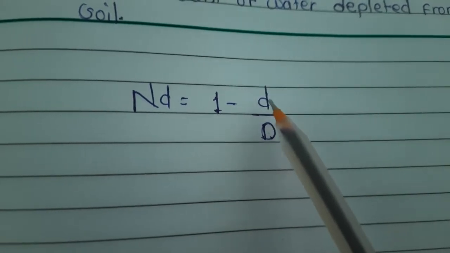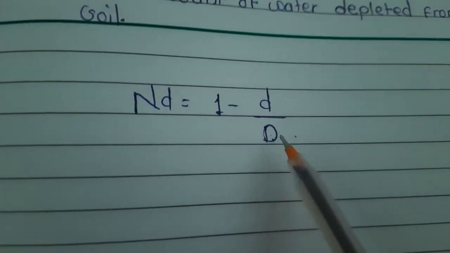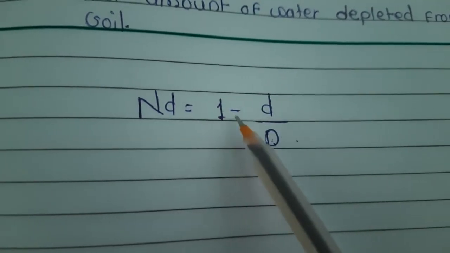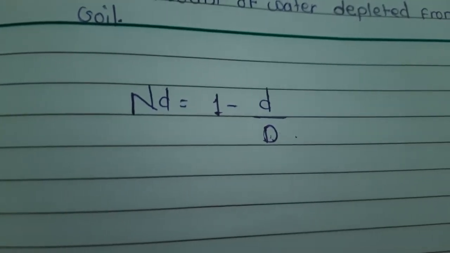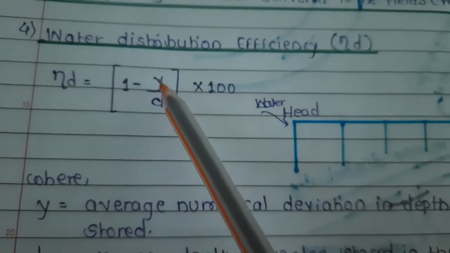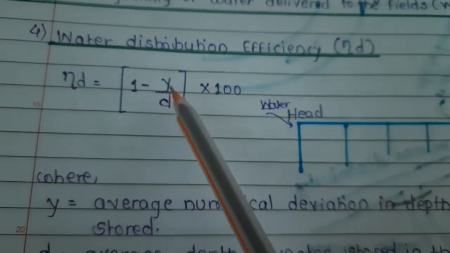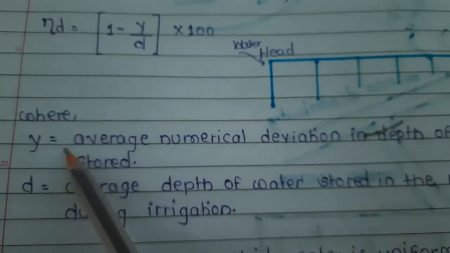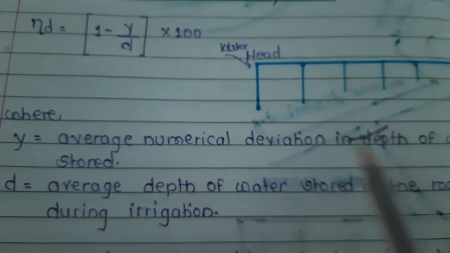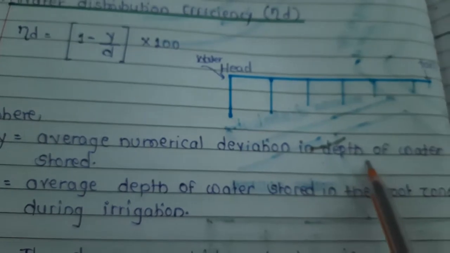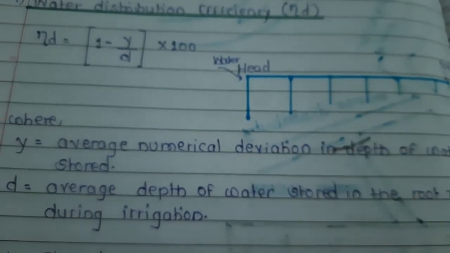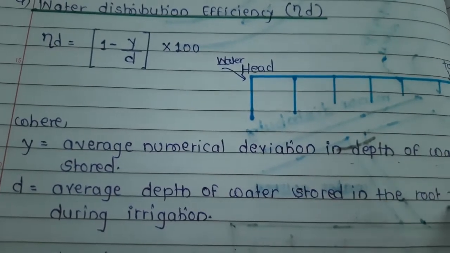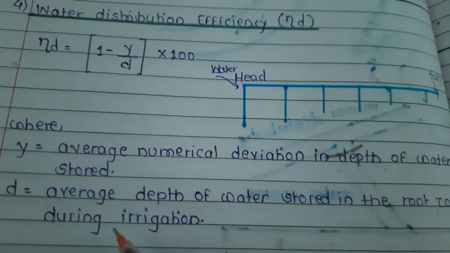See, if small d and capital D are in the formula, then the formula is this, 1 minus small d upon capital D. Here we use 1 minus Y upon D. Same. Y is the average numerical deviation in depth of water stored, and D is the average depth of water stored in the root zone during the irrigation.